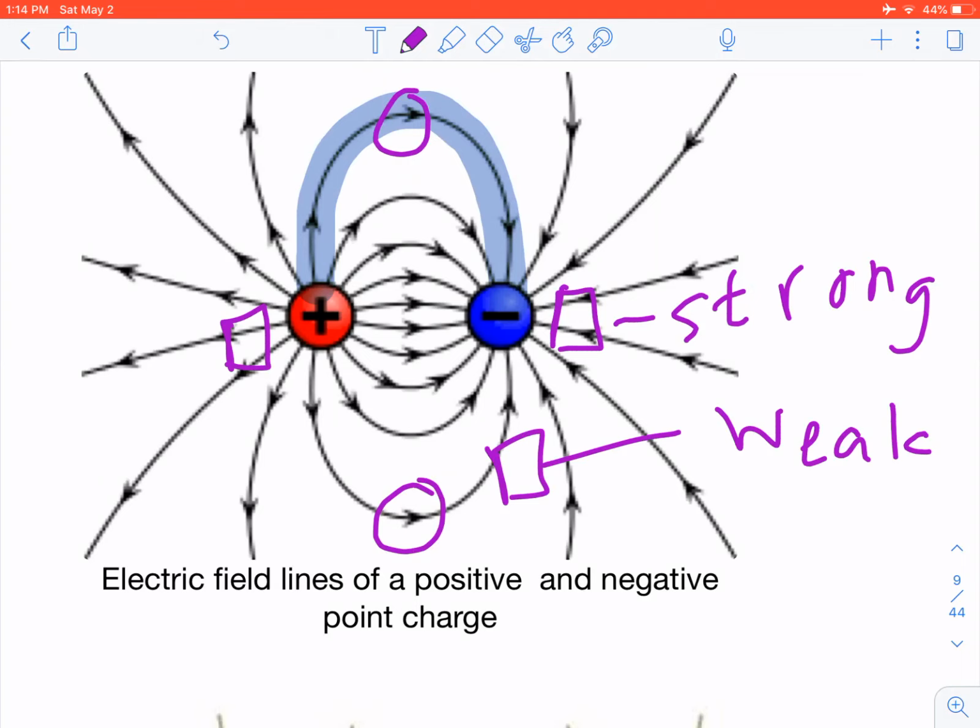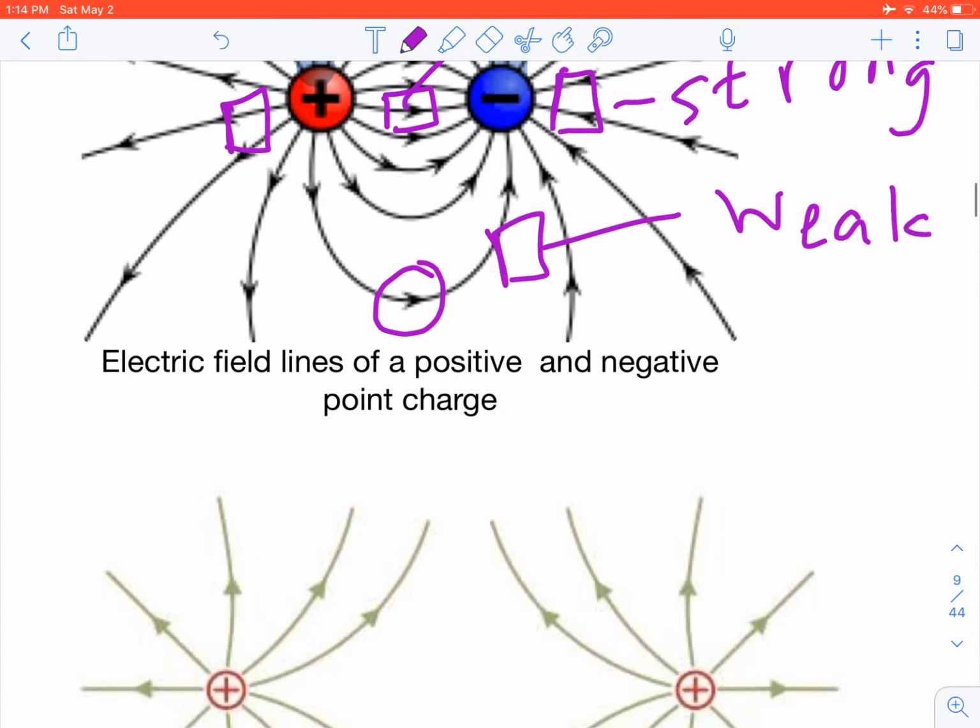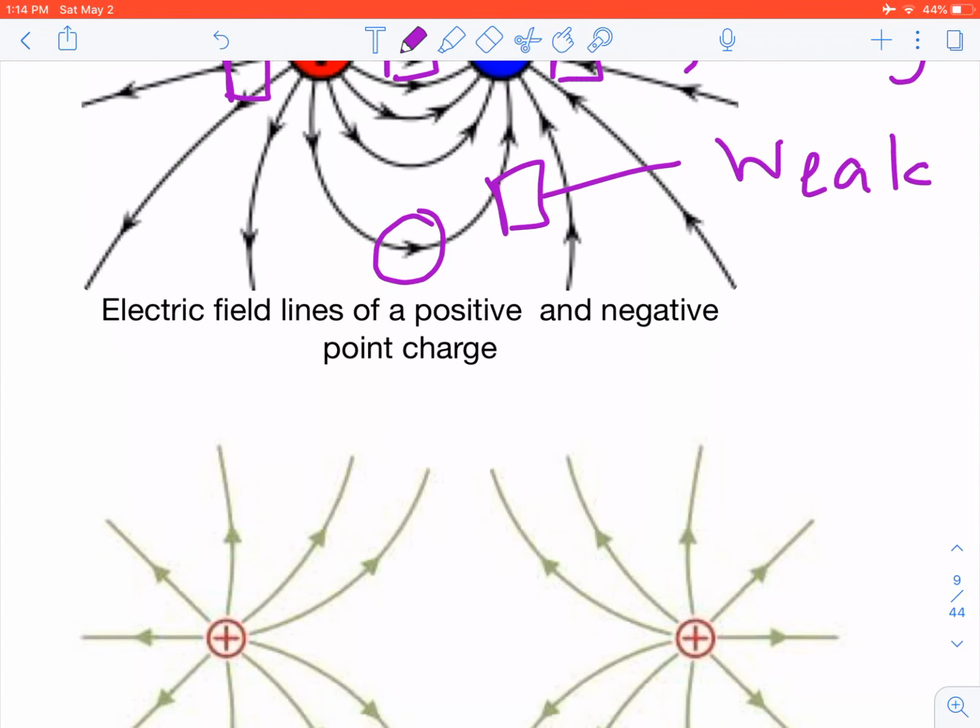And here in between these charges, it also seems to be strong. So if we know where the field is strong and where it's weak, that gives us an indication of the force that will be exerted on a charge at those particular points.